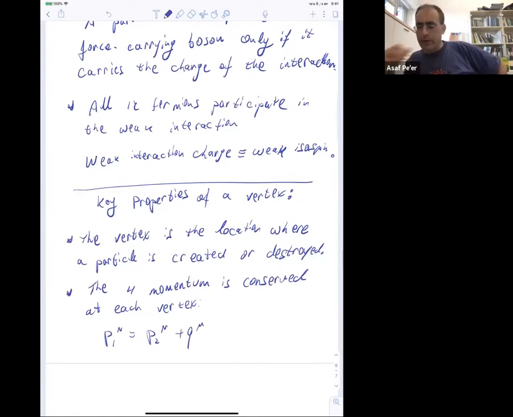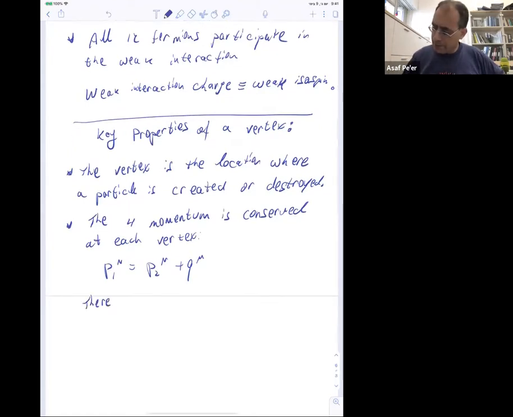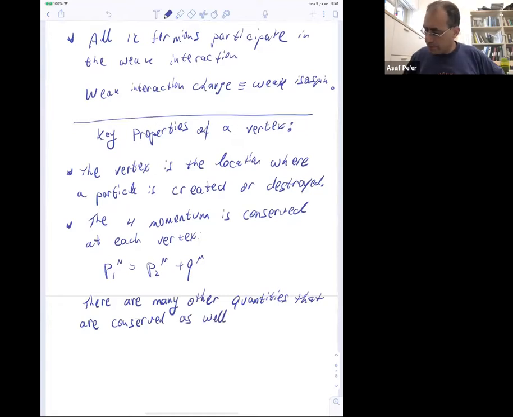Now, not only four-momentum, there are other conserved quantities. Actually, there are several conserved quantities, right? Such as angular momentum, charge, leptonic and baryonic number, strangeness, parity. There are plenty of conserved quantities, many other quantities that are conserved as well in each vertex.